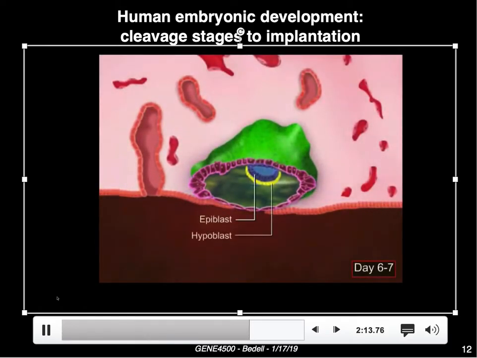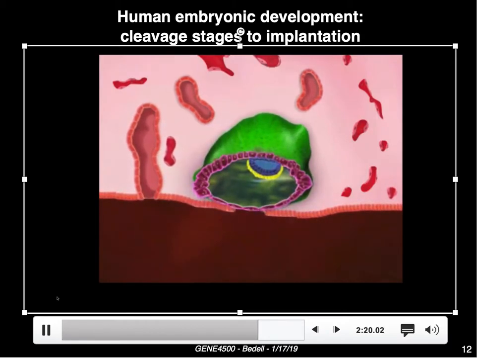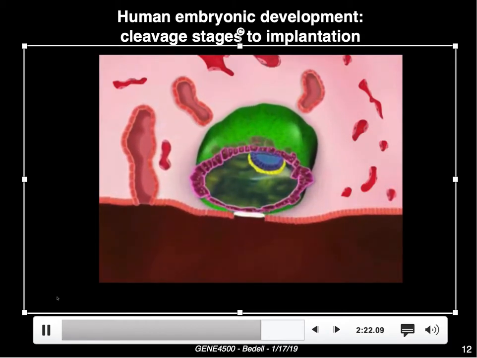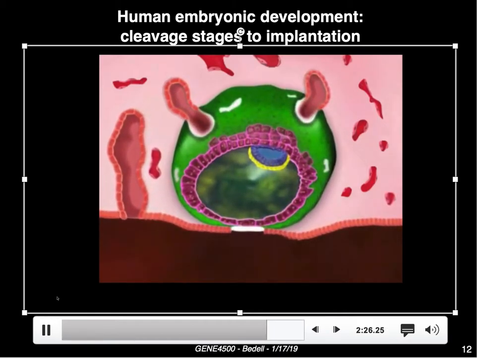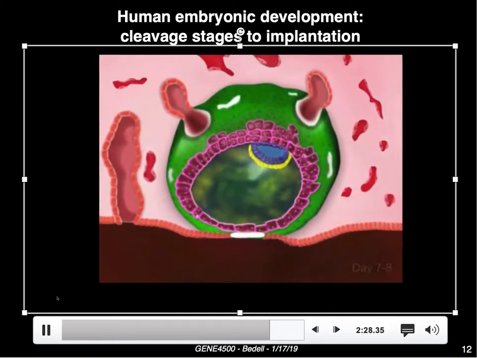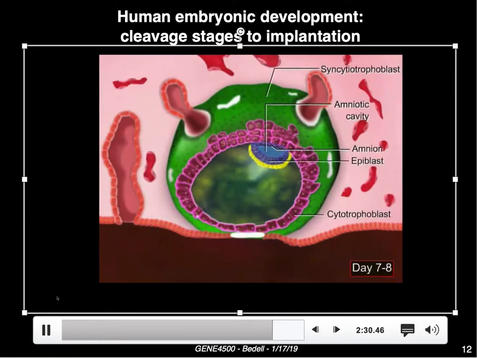What's the other term for hypoblast? PE. Primitive endoderm, PE, yeah. And other than the growth here, for a while, not much is really happening within these cells. Some things are happening in the trophoblast, there's things happening with the uterine cells, and again, you don't have to know all of these terms.